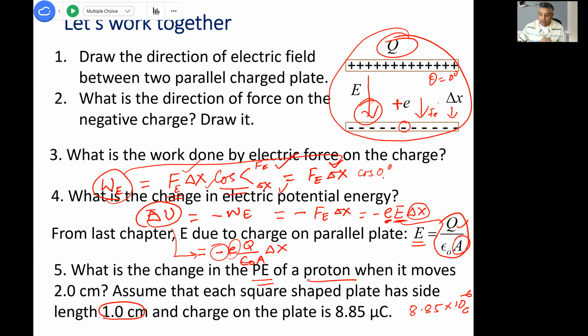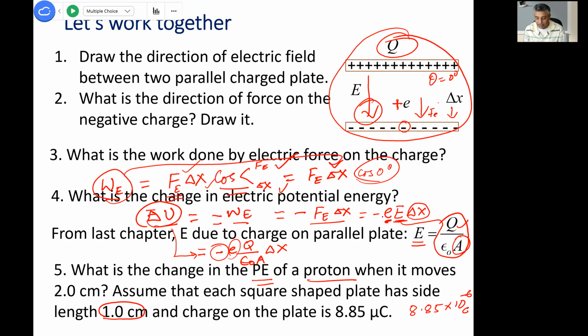So now, once we take care of that, what happens? We can just plug in the value of charge that way. So this becomes positive, okay? Now the change in potential is going to be the opposite of the work done, which means it's going to be negative now, okay? So what happens here?